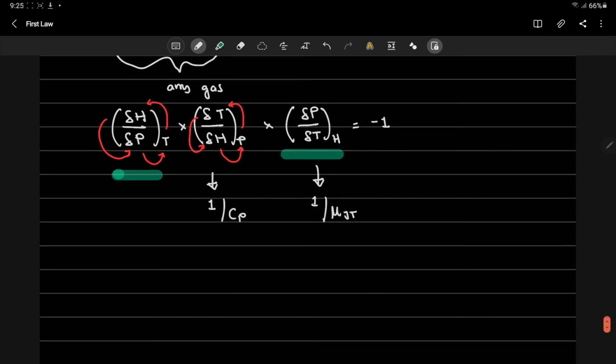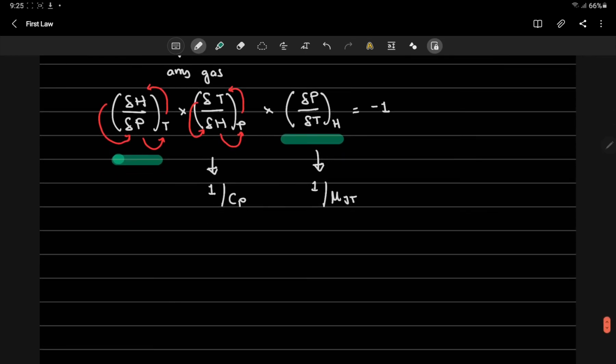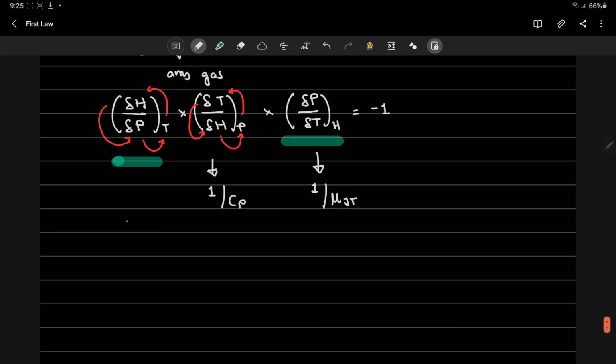So, let's go ahead and substitute everything that we have identified. So, of course, yung pinakaunang factor, yung partial of h with respect to p at constant t, siya yung hinahanap natin, so hindi natin alam. Okay, yung second factor is 1 over Cp. And yung third factor is 1 over the Joule-Thomson coefficient. So, equal daw yan kay negative 1.